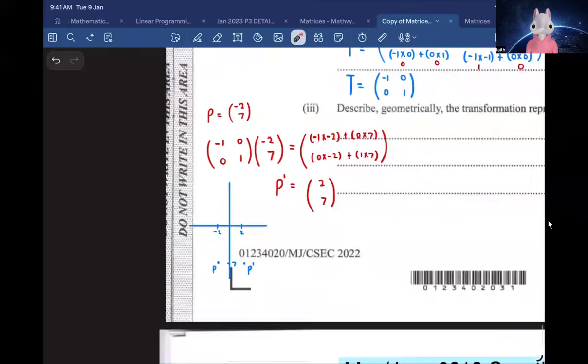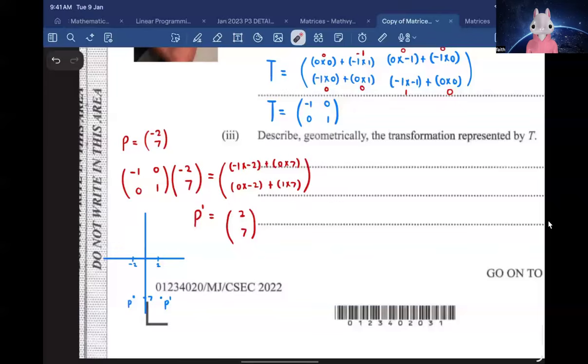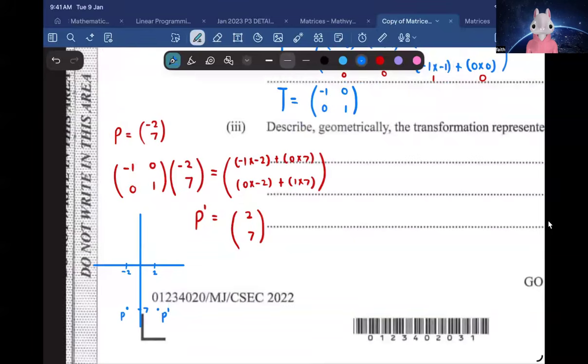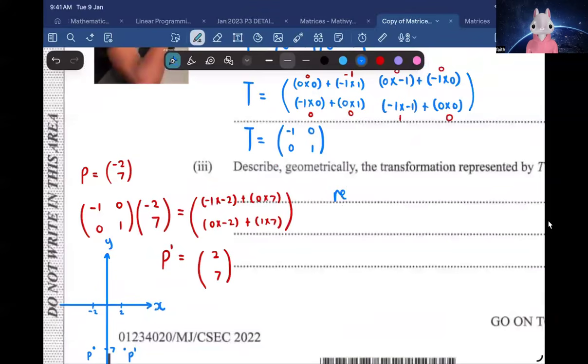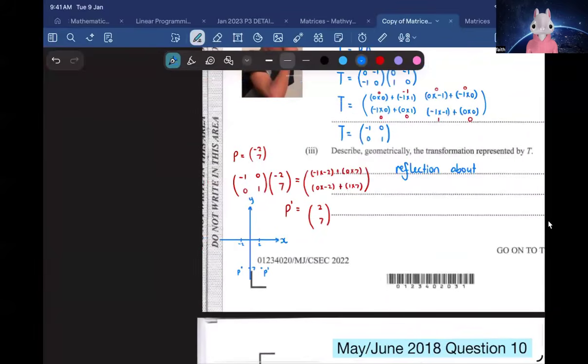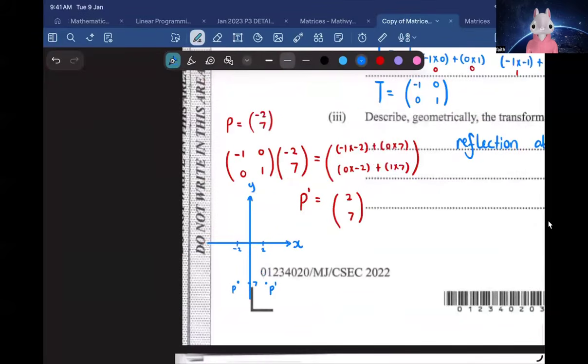So describe geometrically the transformation represented by T. It's just a reflection about the y-axis, because this is the y-axis and this is the x-axis, right? So the transformation takes an object and reflects it about the y-axis.